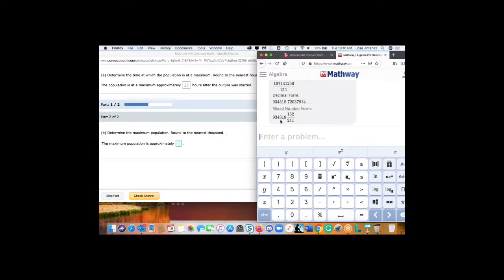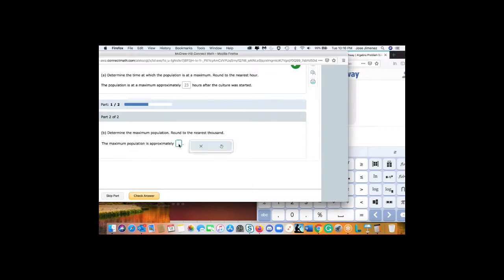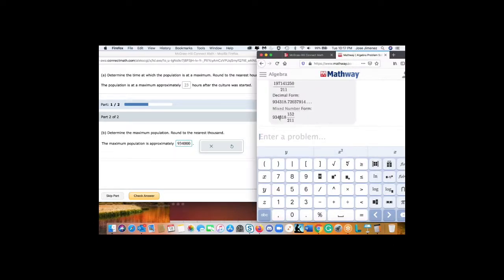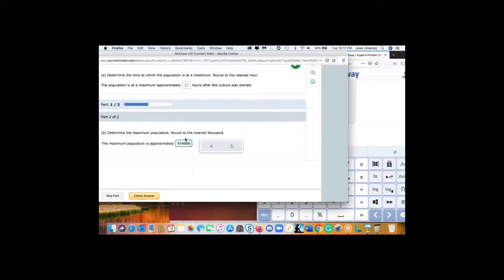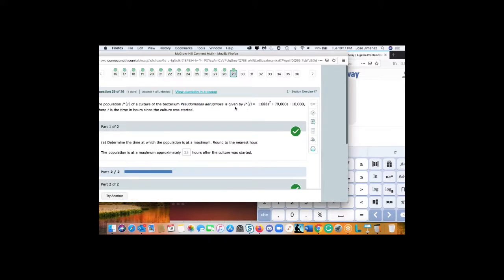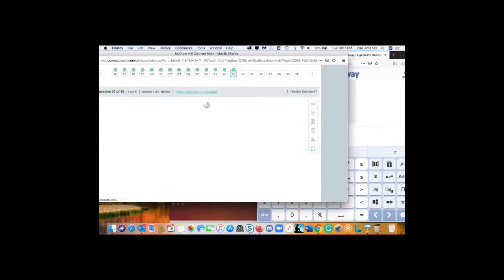To the nearest thousand will be 934 because the 4 is the thousand. So the next number is 3, so everything becomes zeros. So we say 934 and then 3 zeros, 1000. You see everything after the 4 becomes 0, 0, 0 because we round the number to the nearest thousand. And that's for 29, 30.